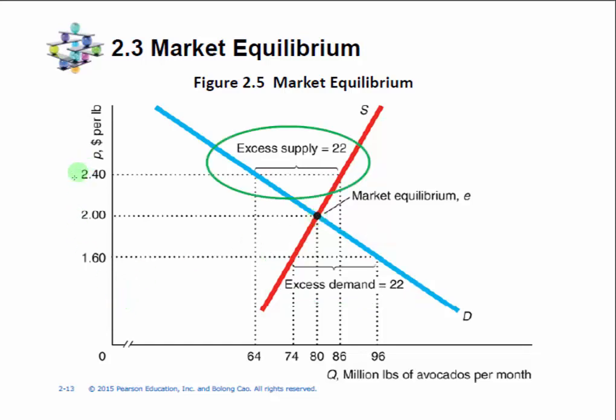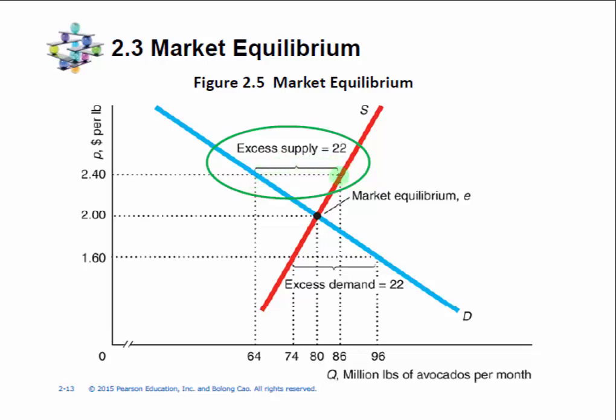If, on the other hand, the market price is above the equilibrium level, at $2.40, quantity supplied is 86. Quantity demanded is only 64. There's again an excess supply of 22 million pounds per month.